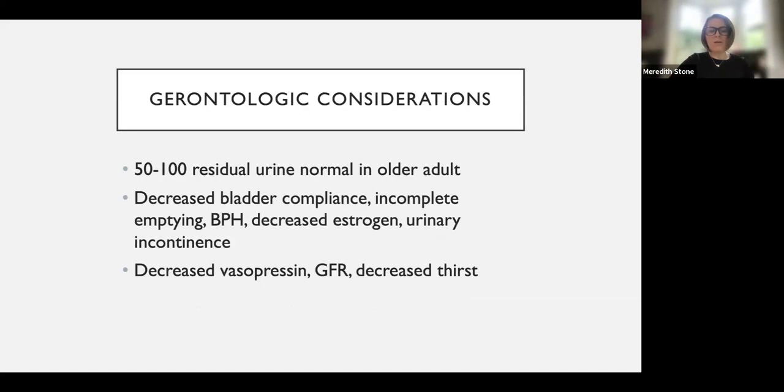Decreased estrogen in women at the age of menopause leads to losing bladder compliance, incomplete emptying, and urinary incontinence. You also have decreased vasopressin, which leads to issues with glomerular filtration rate. Older people have less thirst, which will have an impact on fluid intake and fluid and electrolyte balance.